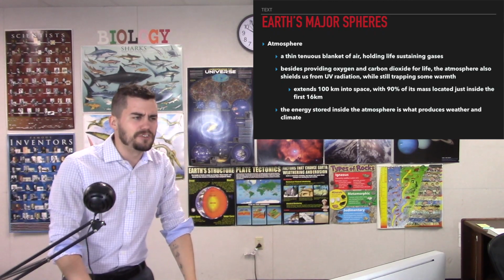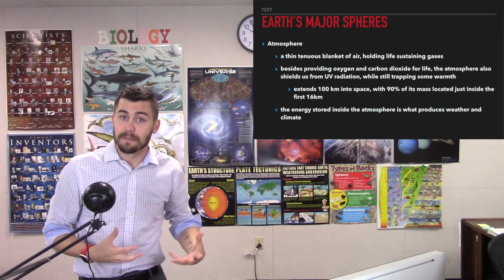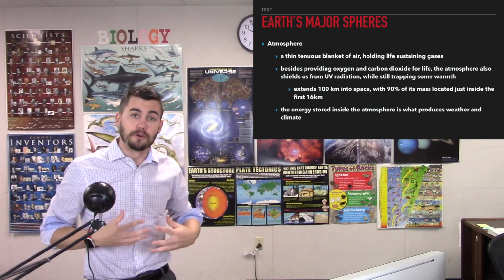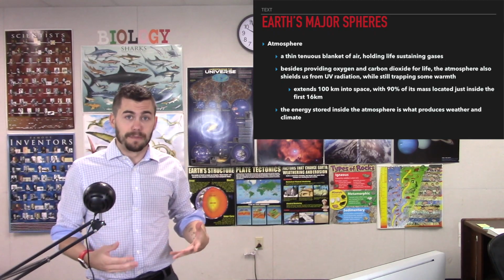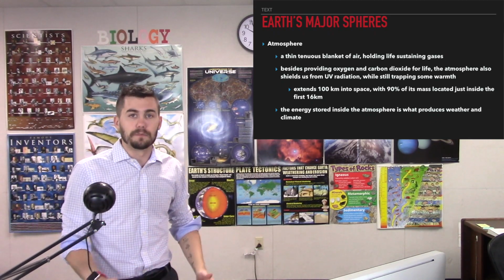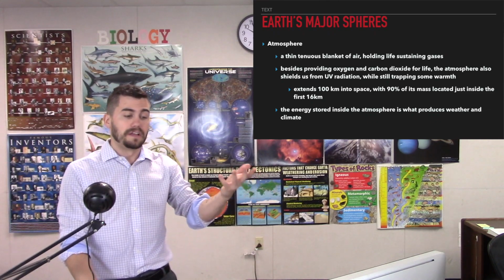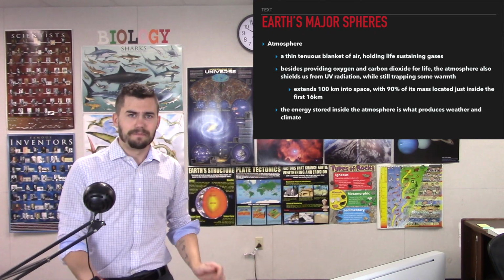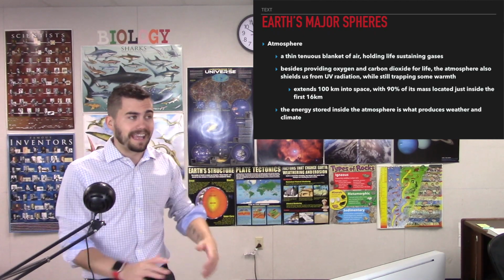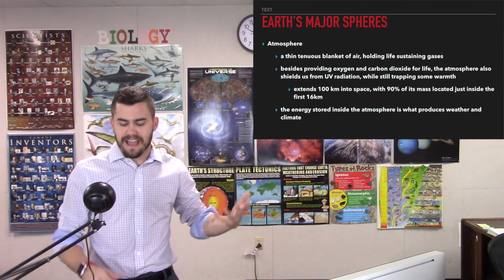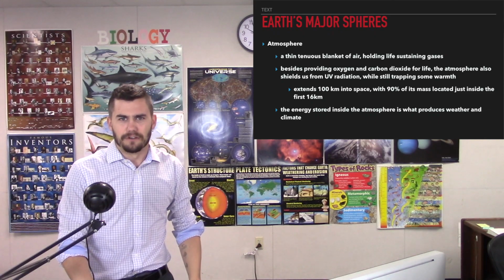And then the atmosphere is extremely dynamic. The energy that is absorbed and contained within the atmosphere is what produces weather and climate and can release unbelievable amounts of energy. A typical thundercloud has many times the energy of a small nuclear bomb, and a hurricane will release vast amounts of energy.